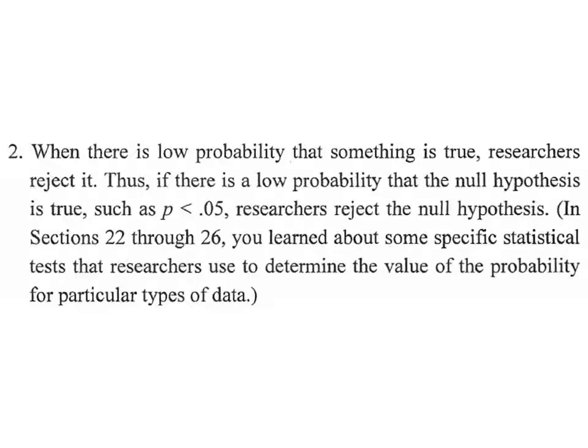The second important concept you should recall from sections 20 through 26 is when there is low probability that something is true, researchers reject it, which realistically makes sense, right? So if there's a low probability that the null hypothesis is true, such as p is less than 0.05, researchers reject the null hypothesis.